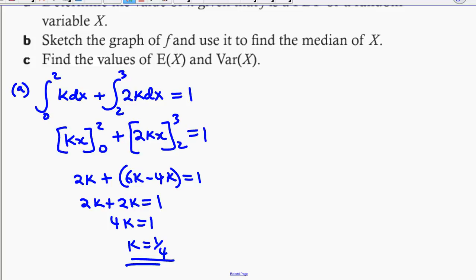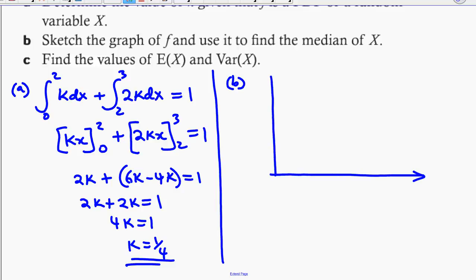Part B, I can work out here. So part B, sketch the graph. Let's try sketching it. So a quarter, so you have a quarter here.